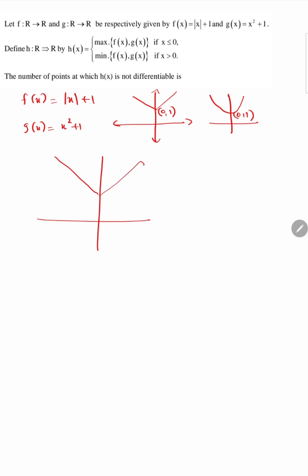This is mod x plus 1, and this will be x square plus 1. This point is 0, 1, and this is very easy. If you want, you can take x greater than 0 and both the curves: one is x square plus 1 and the other is mod x plus 1.